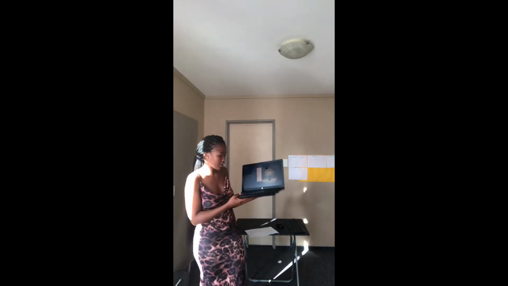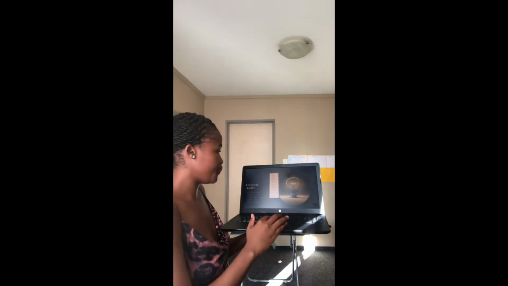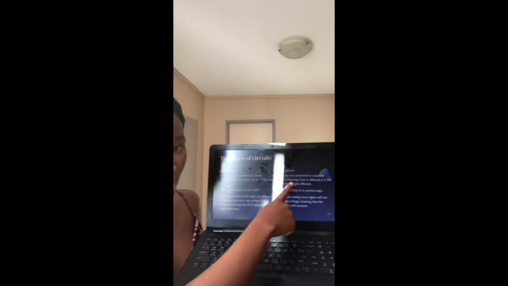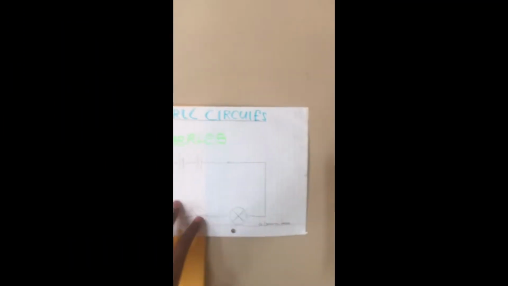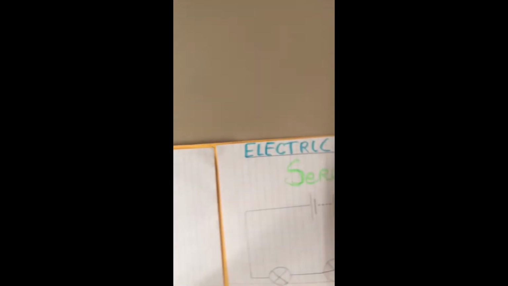And they have different purposes, obviously. So we have two types of circuits: a series circuit and a parallel circuit. Looking at the board, this is our series circuit and this is our parallel circuit.